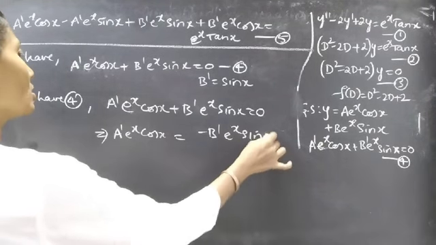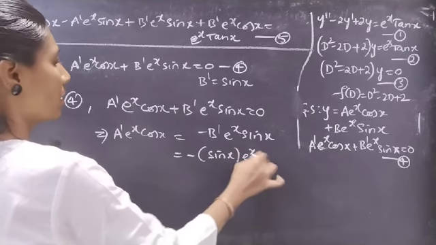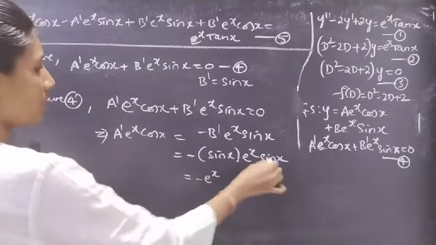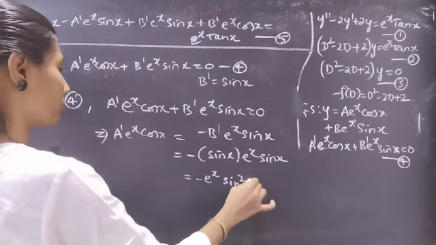Let's now substitute b dash, we'll get minus of sin x into e power x sin x, which equals minus e power x sin x into sin x, which is sin square x.